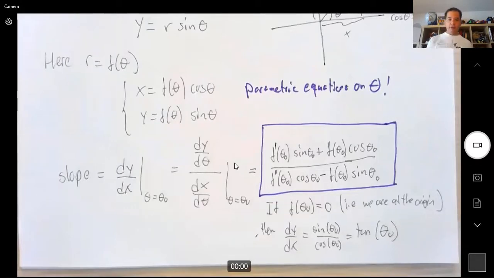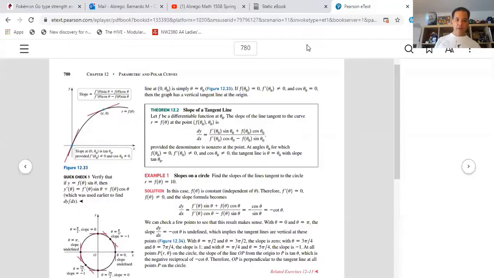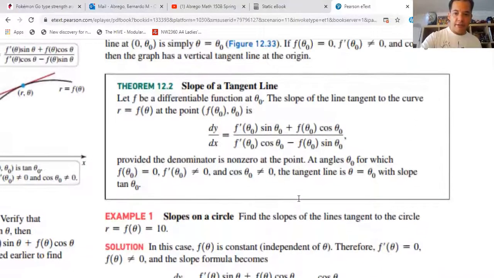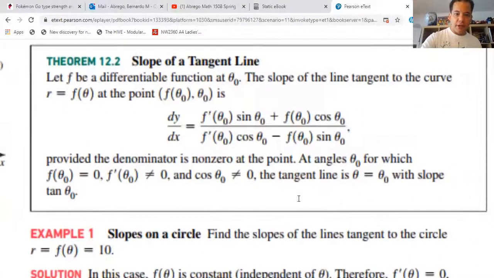All right? So let me show you the statement from the book before we move on to some examples. Here's the statement from the book, slope of the tangent line. It says if f is a differentiable function of theta, then the slope of the tangent line at the point with polar coordinates f of theta, theta, is given by this one over here, the formula in the center, which is the one we just deduced.